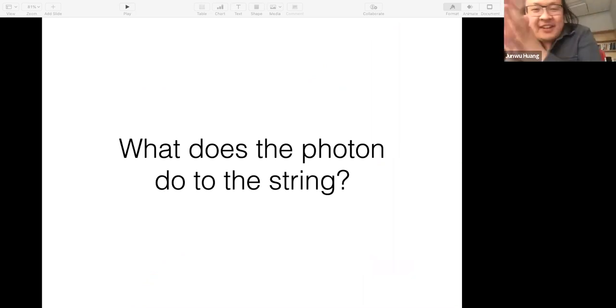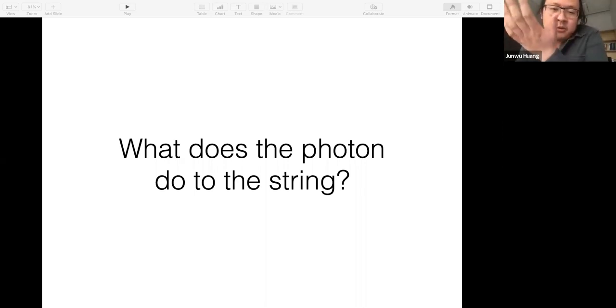Anyway, in the second part we'll switch to a different topic. From what Anson was telling you and what I was telling you earlier, we are talking about how the axion string can affect photon propagation, how the photon can accumulate a phase going through this string network.